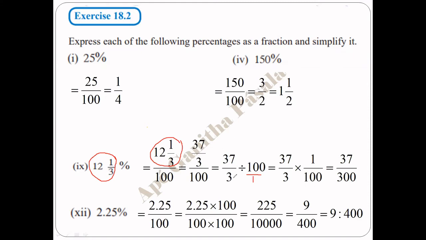So 37 over 3 multiplied by 1 over 100. Now you can simplify. 37 into 1, 37. 3 into 100, 300. So what is the answer? The answer is 37 over 300.